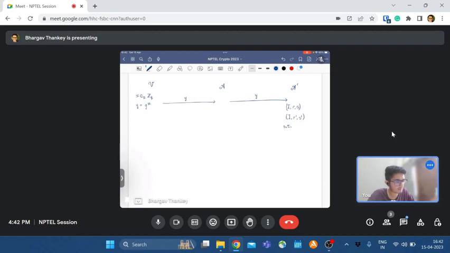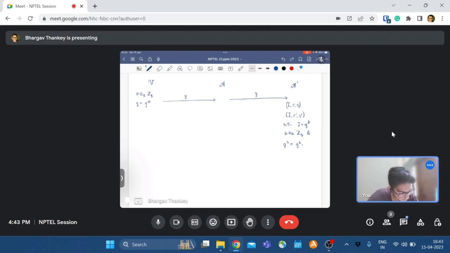Well, I is G to the B for B which is random from ZQ, and G to the S is equal to I times Y to the R, and G to the S prime is equal to I times Y to the R prime.